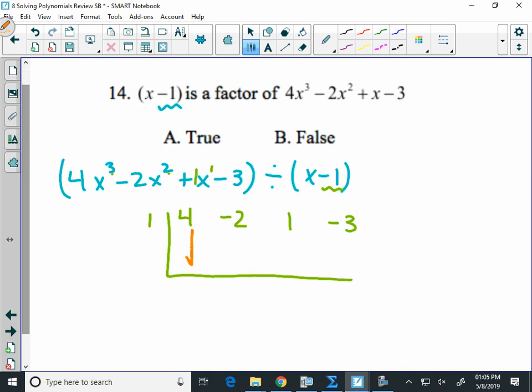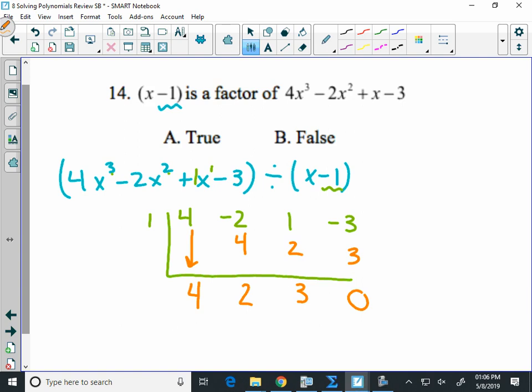So we're going to bring down the 4, and then multiply. 1 times 4 is 4. Combine the next two, so negative 2 and 4, when we combine them, gives us 2. 1 times 2 is 2. Combine to get 3. 1 times 3 is 3. Combine to get 0. We have a remainder of 0.